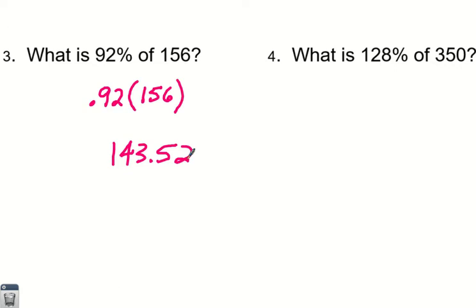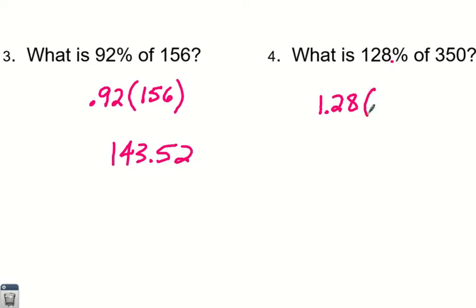Number 4 is a little bit different, maybe a little tricksy, but guess what? It's still the same steps. The decimal point is technically right there. When we move it 2 places to the left, I get 1.28. So that's what 128% is as a decimal.